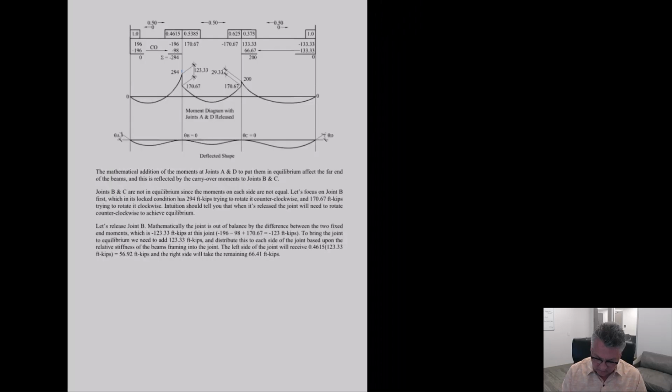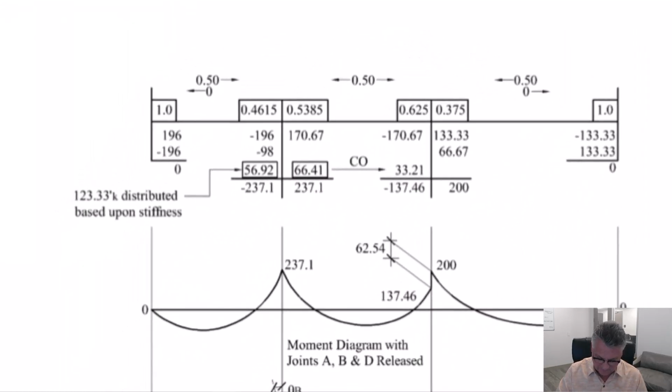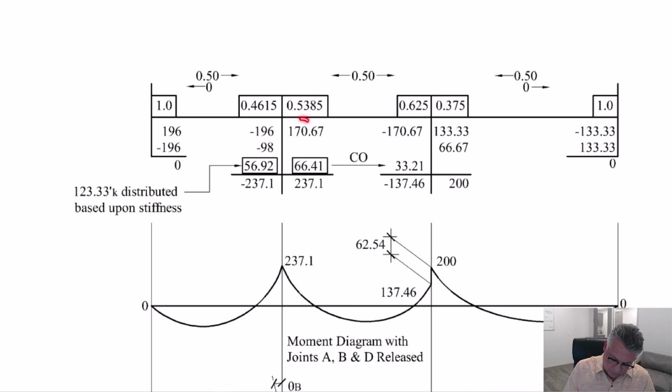Now what does that look like in my moment distribution? Again, you added these up, got negative 123.33. We have to add positive 123.33. And the way we do that is 46.15% will go to this side, and 53.85% will go to this side. So that's the 123.33 positive to get this joint in equilibrium.